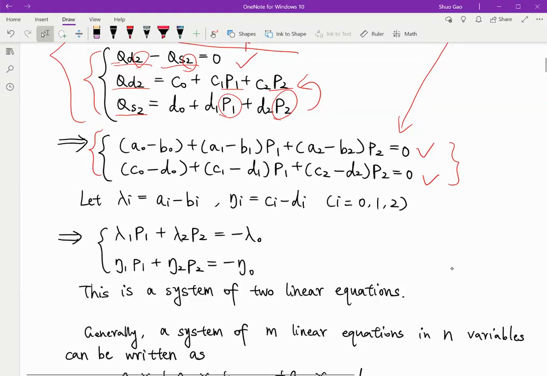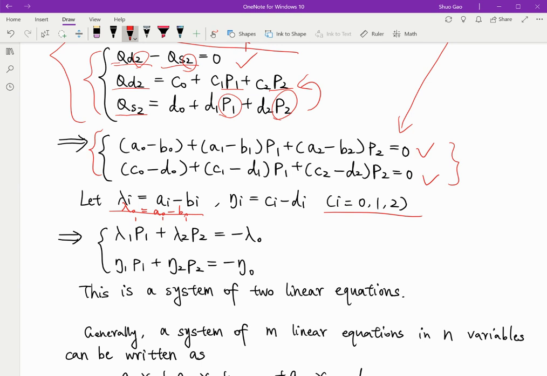And then we let lambda i equal ai minus bi, eta i equal ci minus di. That is to say lambda 0 equals A0 minus B0, and lambda 1 equals A1 minus B1, and so on, for i equals 0, 1, and 2.